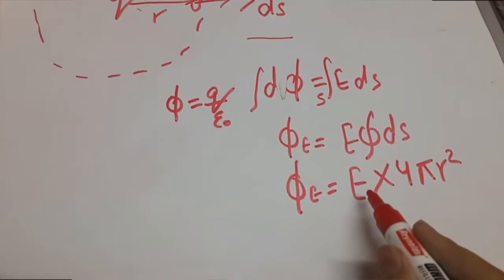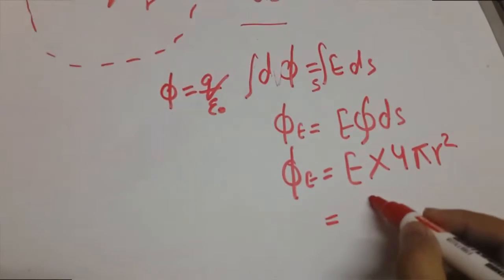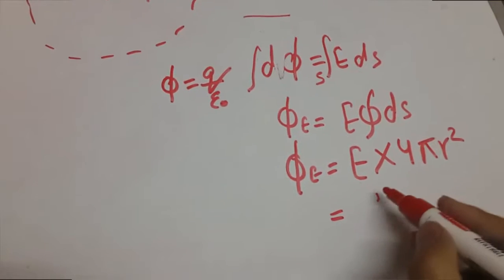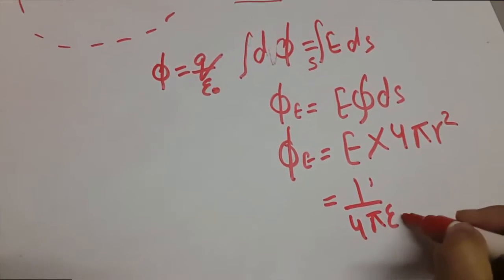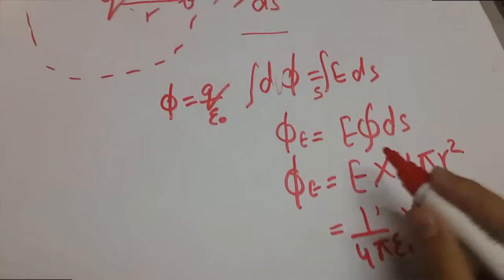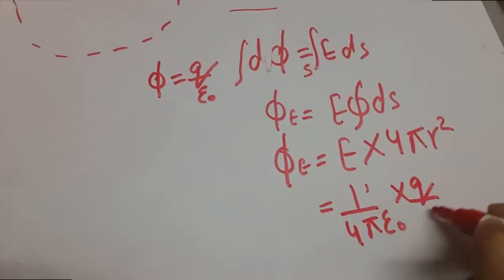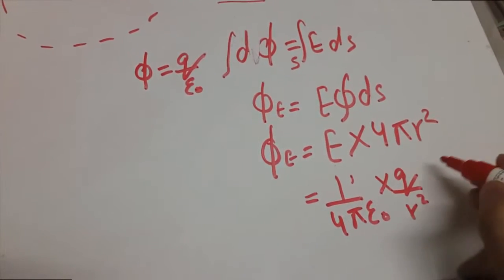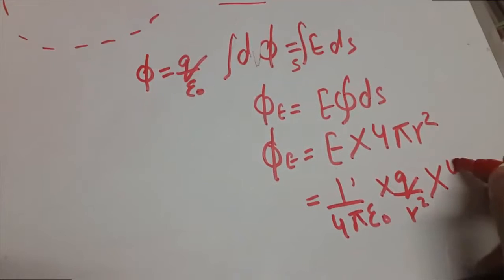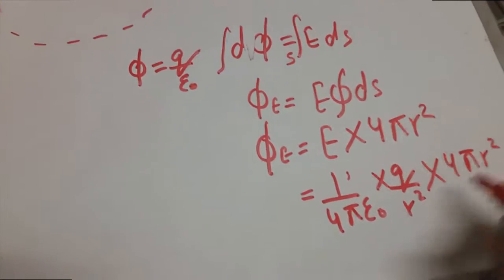Now we know that the electric field is equal to kq upon r square. Putting the value of k, which is 1 upon 4 pi epsilon naught, we get q, the charge, upon the square of the distance between the charge and the Gaussian surface, times 4 pi r square.